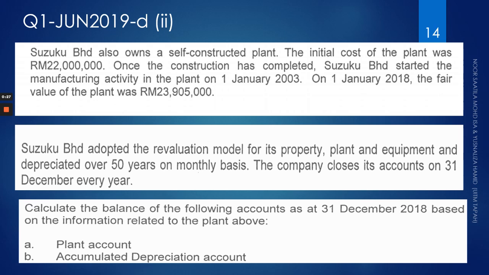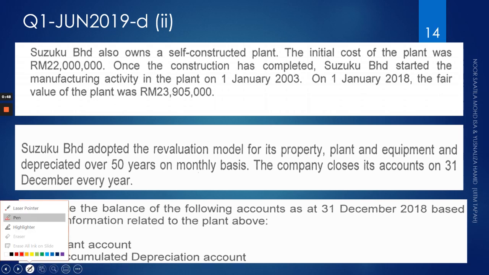So question 1, June 2019, D2 is also on PPE, and this is under the course code FAR320 Financial Accounting 5 that is offered at UITM. Let us look at the information that were given here.